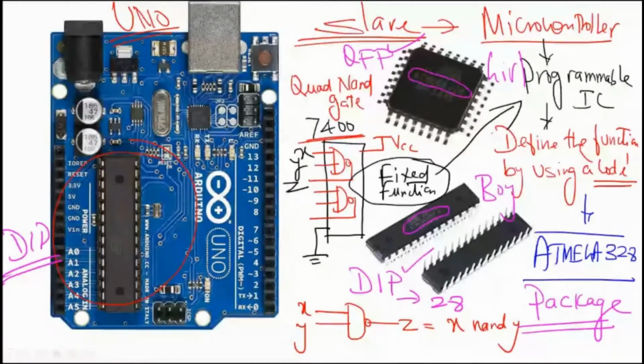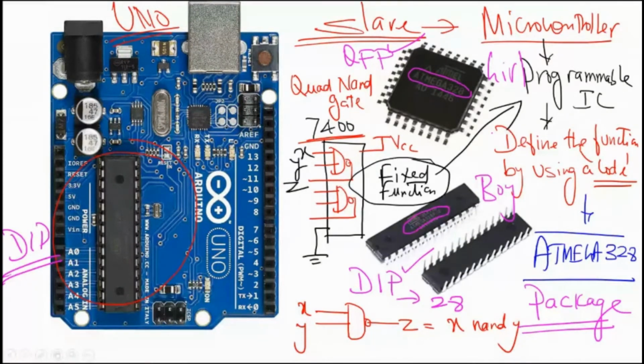So what have you understood here so far in this slide? The heart of this particular board is a microcontroller device. The microcontroller is the slave which I am trying to gain control over. What is a microcontroller? A microcontroller is a programmable IC. What do you mean by a programmable IC?